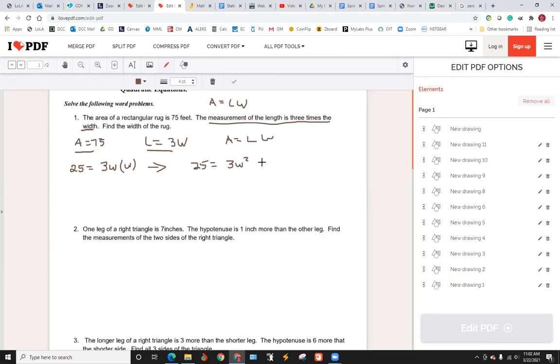All right, and then you can write it this way if you want. Like I said, I like to have it in descending order. But if you subtract 75 from both sides and then turn it around, that's what it looks like.